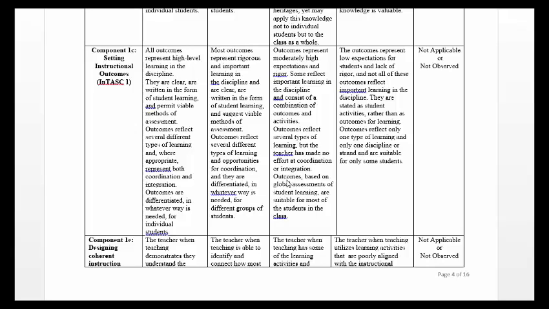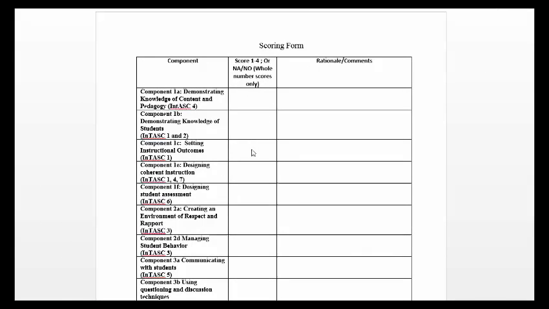I would say if that's the case, they are emerging into a 3 and there's enough evidence to support a rating of a 3. So then you will go back up to the scoring page, and you will give them a 3, and then you will provide feedback and comments.